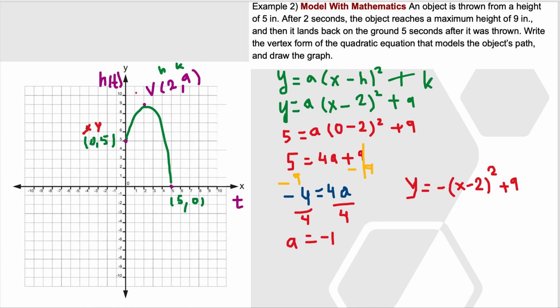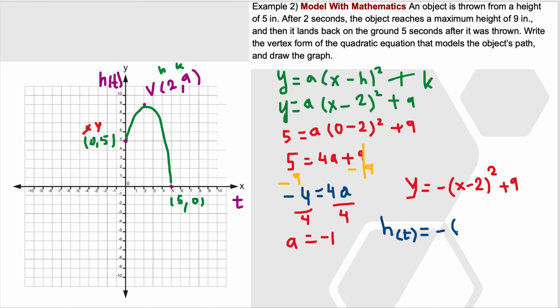But because the y coordinate is denoted with h of t, and the x-axis is with the time t, now we can write it with the exact denotation: the height of the object, h of t.